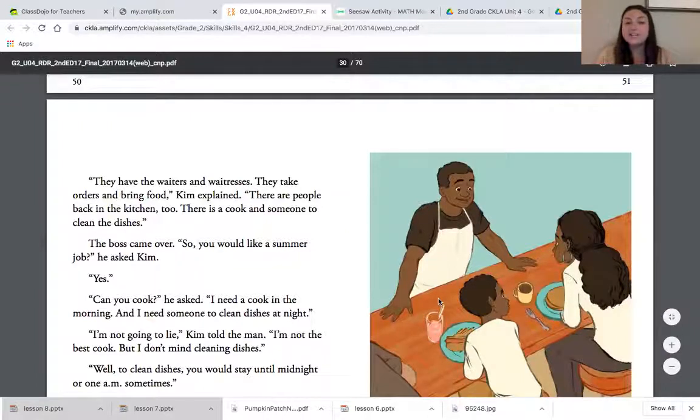"They have the waiters and waitresses. They take orders and bring food," Kim explained. "There are people back in the kitchen too. There is a cook and someone to clean the dishes." The boss came over. "So, you'd like a summer job?" he asked Kim. "Yes." "Can you cook?" he asked. "I need a cook in the morning, and I need someone to clean dishes at night."